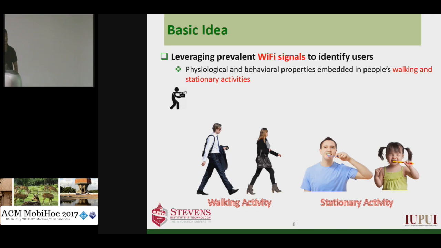These daily activities include walking activity, where you just walk from one position to another, and also stationary activities, for example brushing teeth, opening the door, or fetching documents. These are all stationary activities, which involve small-scale body movements.